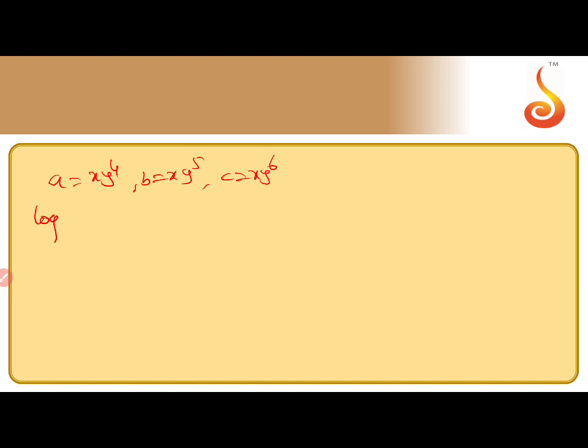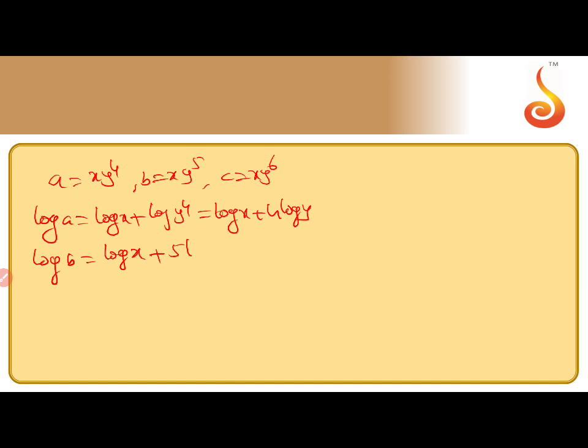Now we can take log a. Log a is log x plus log y power 4, which is log x plus 4 log y using properties of logarithms. Log b is log x plus 5 log y. Log c is log x plus 6 log y.